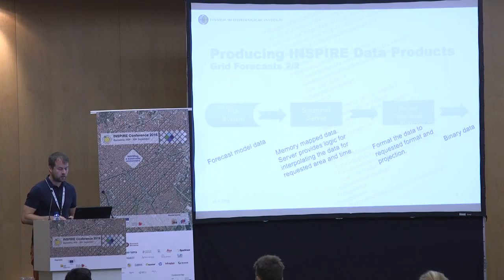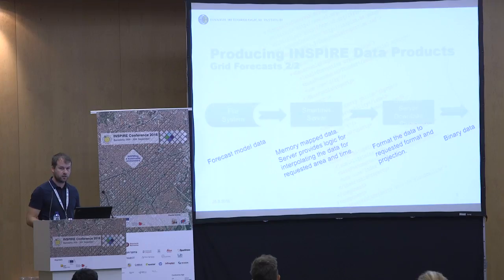And the actual binary data currently is provided by a so-called download plugin. This is a web coverage service like download service, but it's not standard. But basically it does most of the things that the web coverage service also specifies. That's in the next slide.